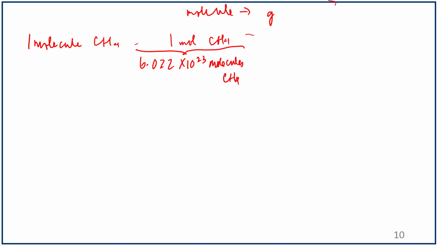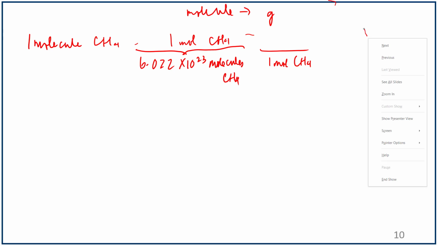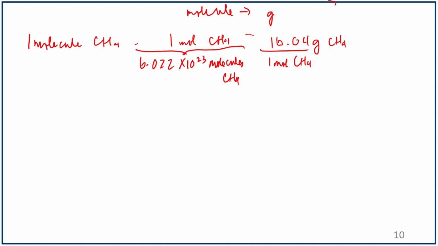And then from moles of CH4, we were given earlier what the molar mass of methane is. So for every 1 mole of CH4, we have 16.04 grams of CH4.